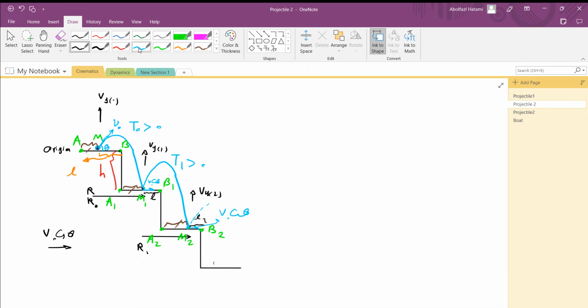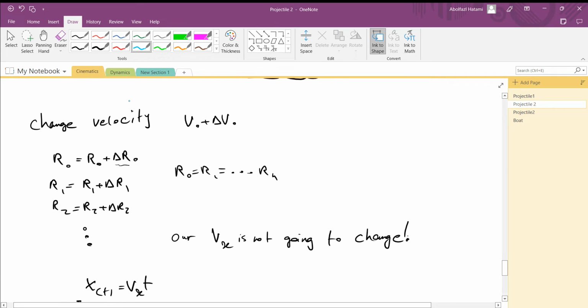Actually, when we change this v0 to v0 plus delta v0, our time when the ball is in the air before the first collision is going to be t0. Let me fix something I wrote wrong here. You may say that I can eliminate these r0s from both sides, so delta r0 is 0.